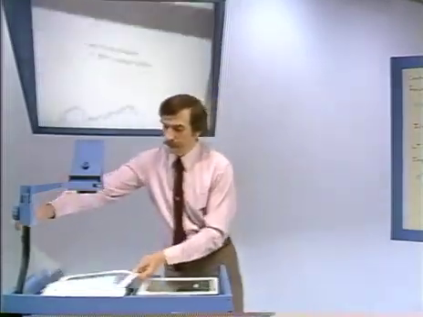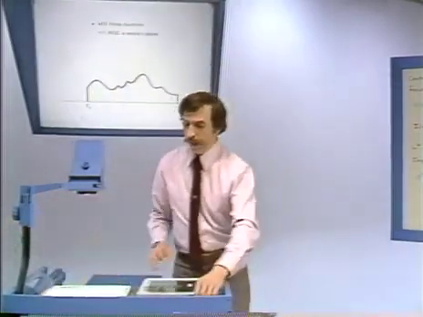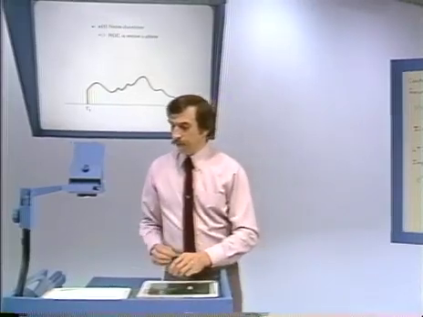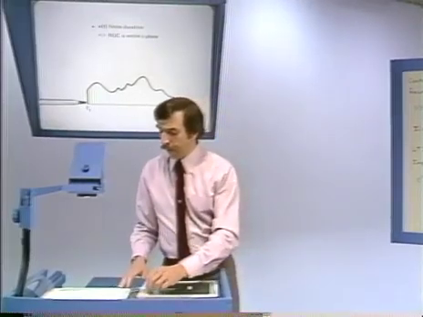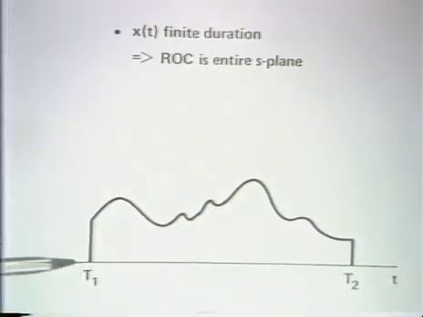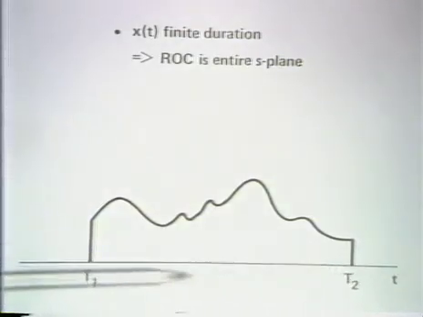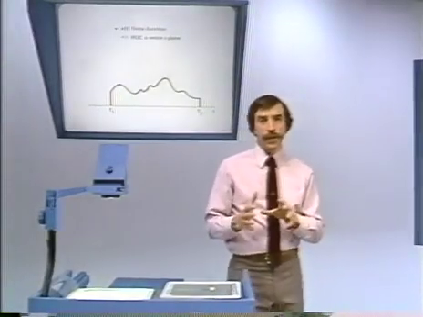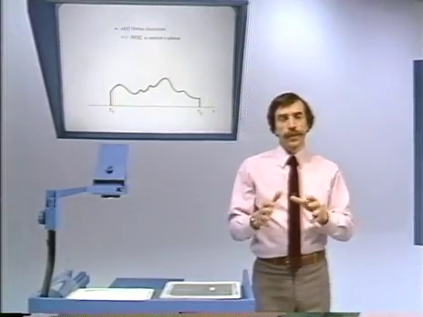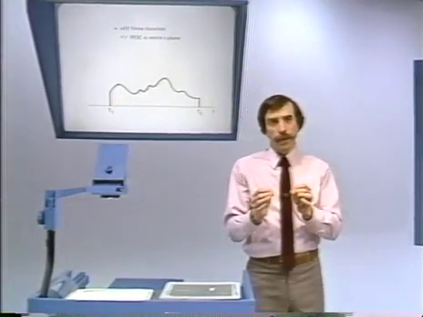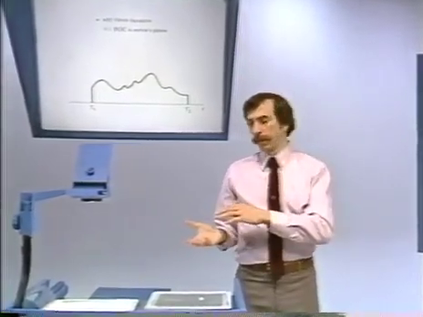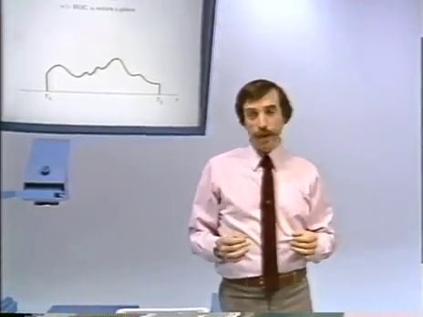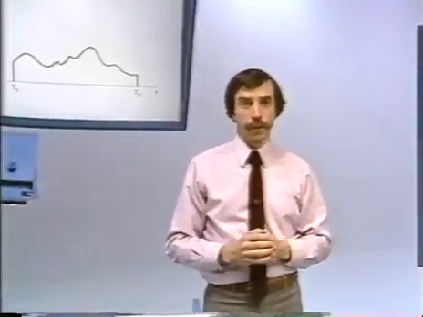Suppose that we start with a time function, as I indicate here, which is a finite duration time function. In other words, it's 0 except in some time interval. Now, recall that the Fourier transform converges if the time function is absolutely integrable. And as long as everything stays finite in terms of amplitudes in a finite duration signal, there's no difficulty that we're going to run into here.